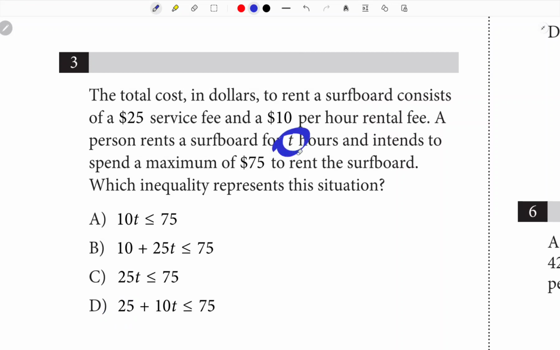Then 10t, because 1 hour is $10, 10 hours is $100. So that's why I write 10t, and maximum $75 he spent. Maximum means it can be less than 75, but maximum 75 can be equal to 75. That's why the answer is D.